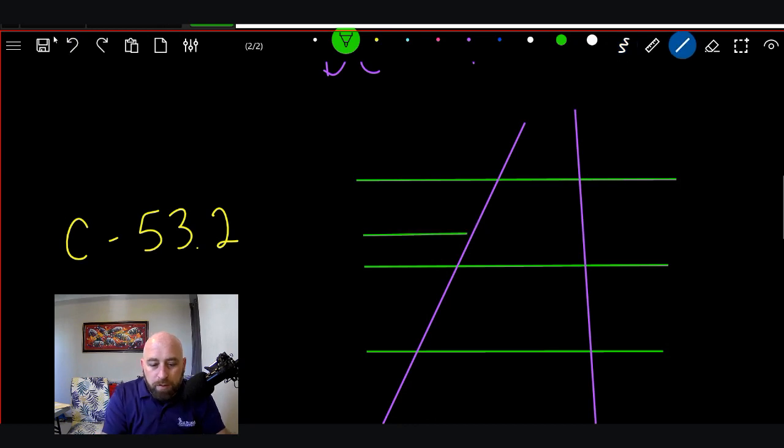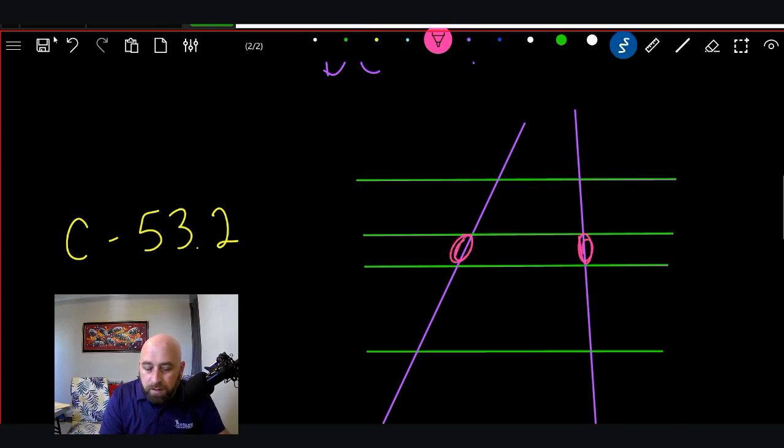We could put another parallel line in right there, and these little pieces in here are still proportional to each other, okay? So if you take these two, it's going to be proportional to those two. And it's just the way it works with parallel lines and with transversals cutting them.